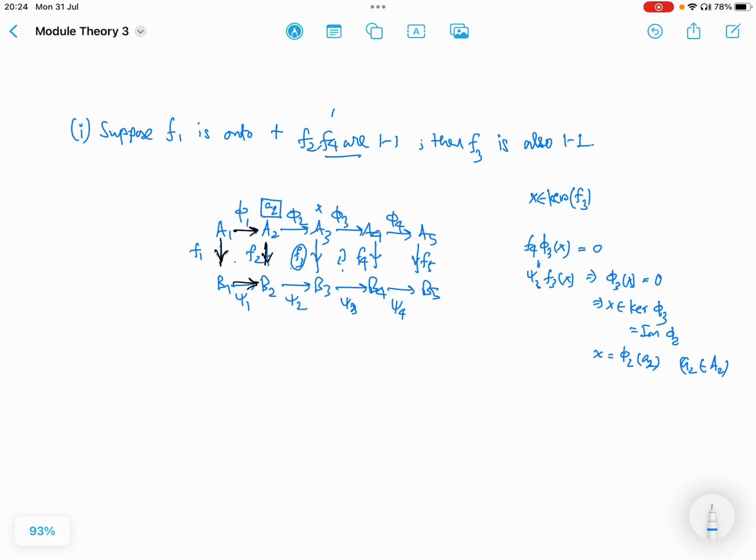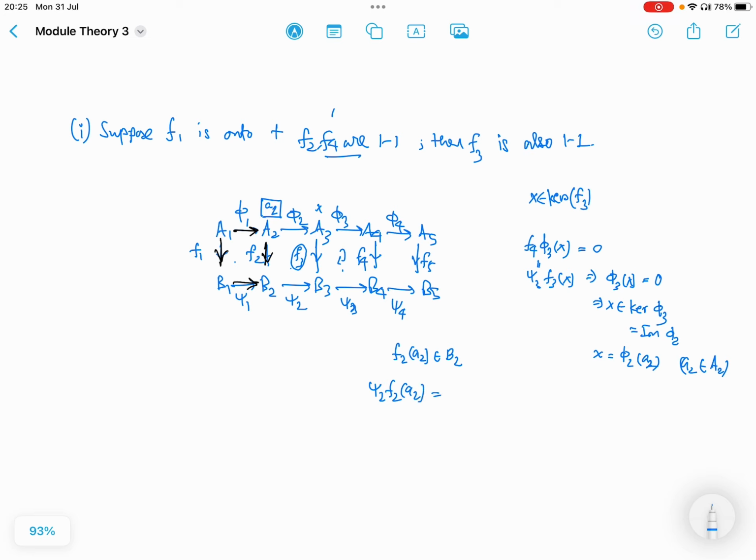Okay. So let's see. Now we need to use all of these facts. That F4 is injective I've already used. So next we have that F2 is injective and also that F1 was surjective. So now you can go via F2 to B2. If you apply psi 2, this is psi 2 of F2 of a2.